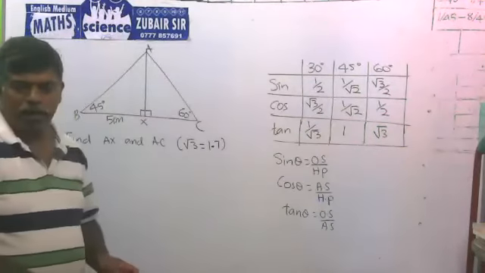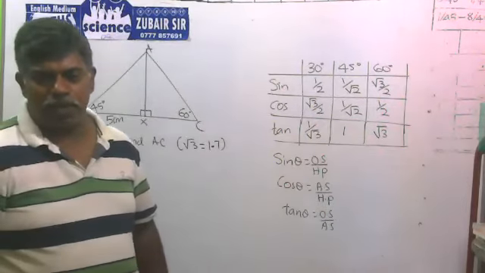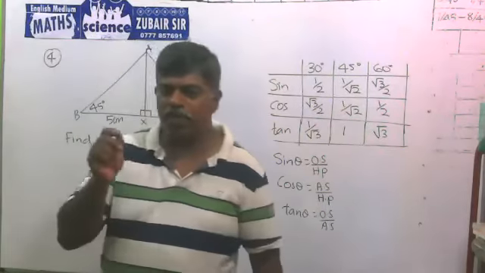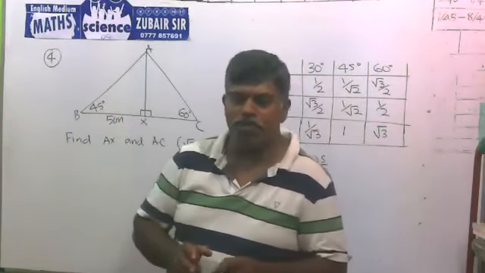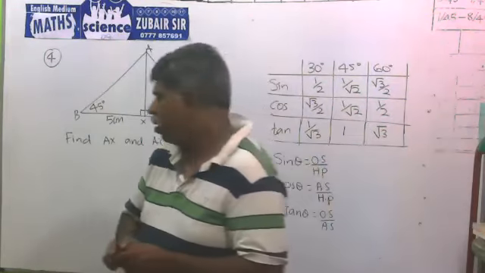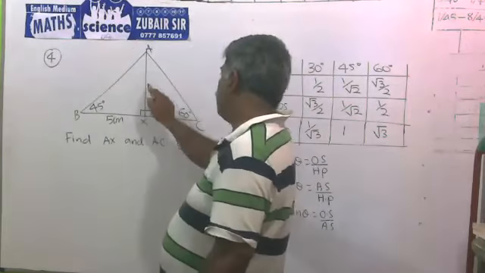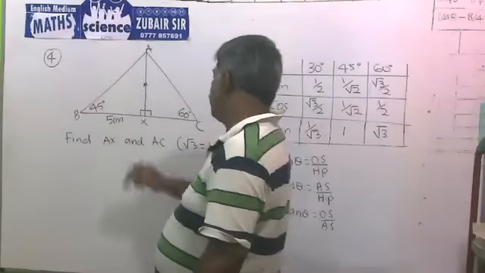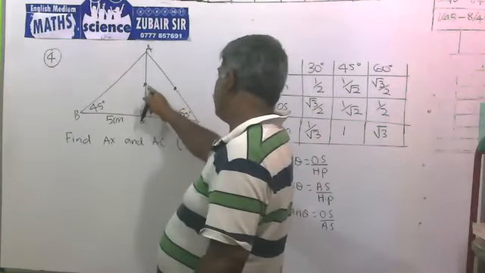In a right angle triangle, when two sides are given, then we can use Pythagoras theorem. When one side is given, we can't use Pythagoras theorem. When one side is given, then we have to use the trigonometry relation. Then what are the sides to be found? AX, AX is this side. Then AC, AC is this side. So I have to find these two sides.